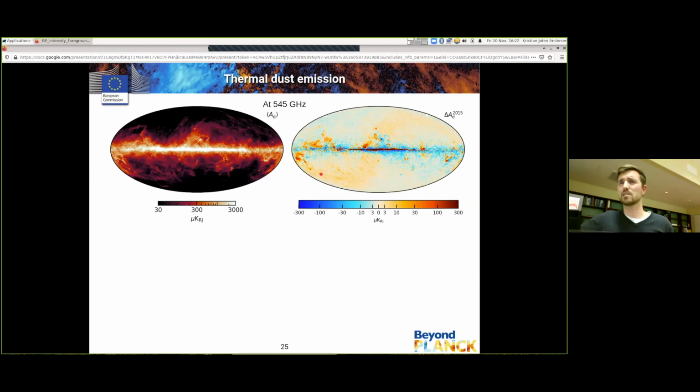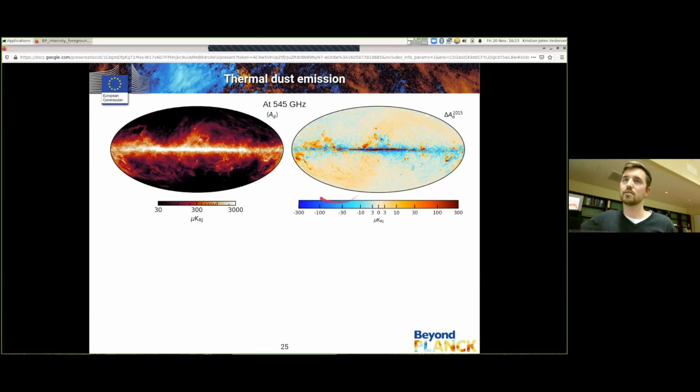The only really clear thing at higher latitudes is this orange band following the ecliptic plane, which we would believe is simply because we don't model the zodiacal light emission, except for just subtracting a template from the 857 map.